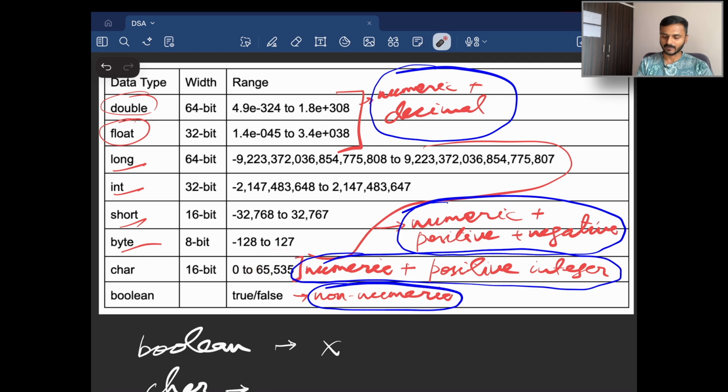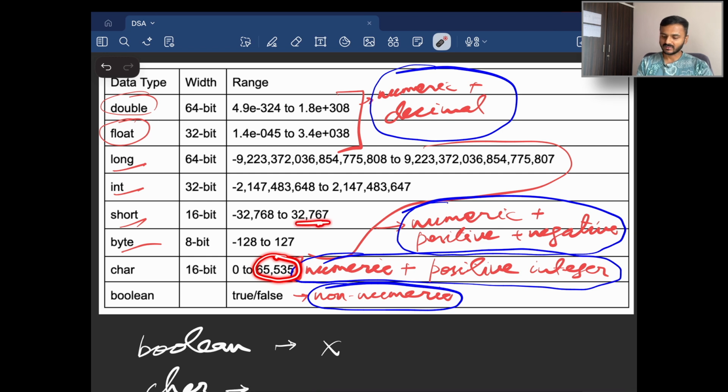Now, let us assume that we have got 65,535 in a char variable. Now, char variable can hold that value, right? But can I hold that value in a byte variable? No, right? Because the value is 65,535, but the maximum value that byte can hold is 127. Now, the same question, but for short this time. Can I hold 65,535 in a short variable?